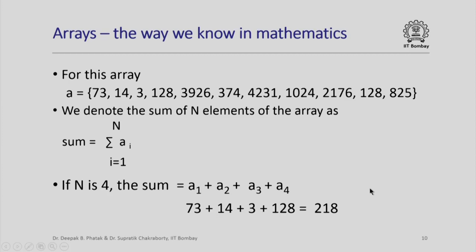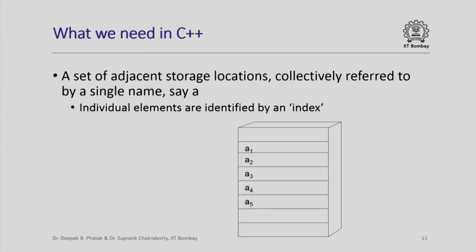How nice it would be if this concept of a mathematical array is made available to us as a programming construct. What we need in C therefore is if we can have adjacent memory locations allocated not to different variables, but allocated to different elements of an array, and all the elements together are collectively referred to by a single name, say A. So, an individual element can be identified by an index like 1, 2, 3, 4, 5.